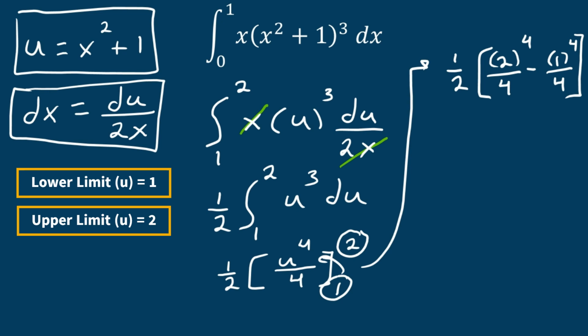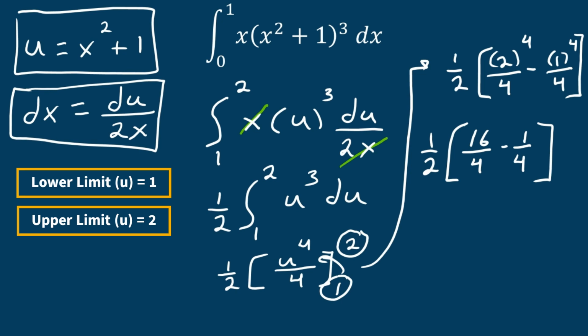Let's go ahead and solve this. So we're going to have 1/2. 2 to the 4th is 2 times 2 is 4, times 2 is 8, times 2 is 16. So 16 over 4 minus 1 over 4, like that.